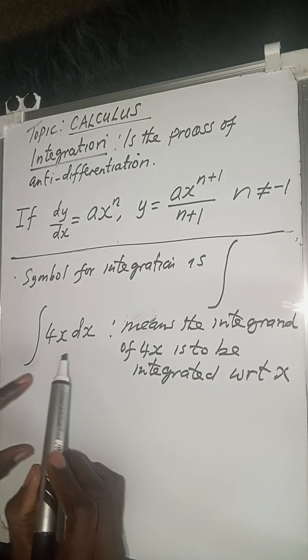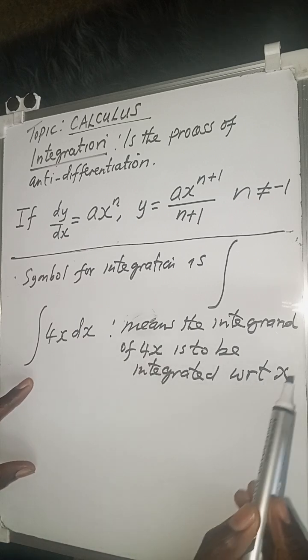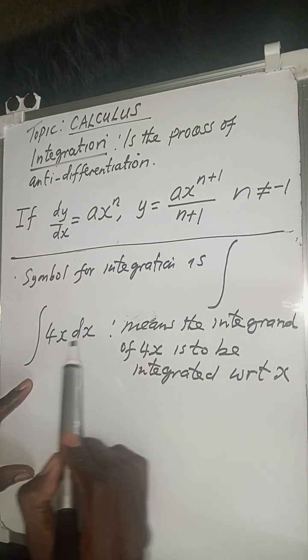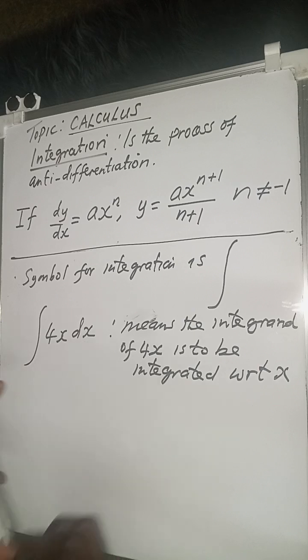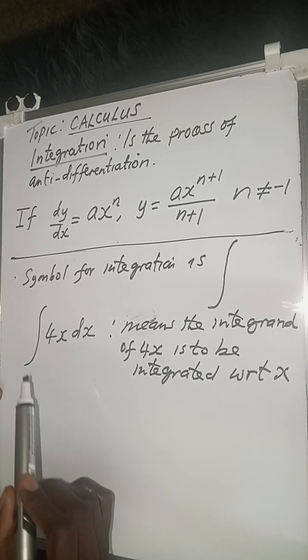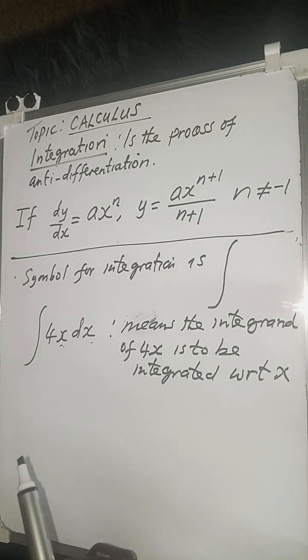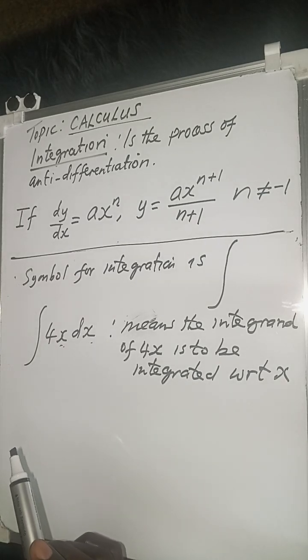That's why you write dx, because it's changing in terms of x. If there was y, you would put dy. If there was z, you would put dz as well. That is what you need to remember.